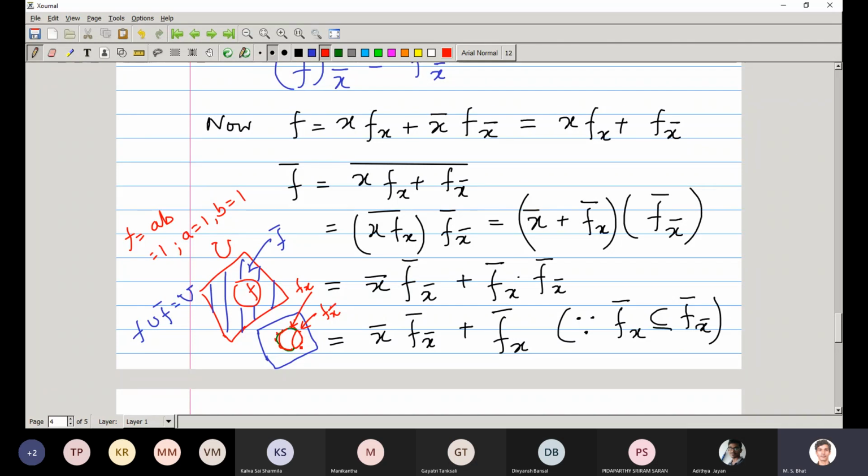When you take the complement of fx bar, that will be everything except this portion, so that is bigger. Whereas the complement of fx will be only this outside portion, so that is smaller. So fx, therefore, is contained in the fx bar part. So this boils down to fx bar.